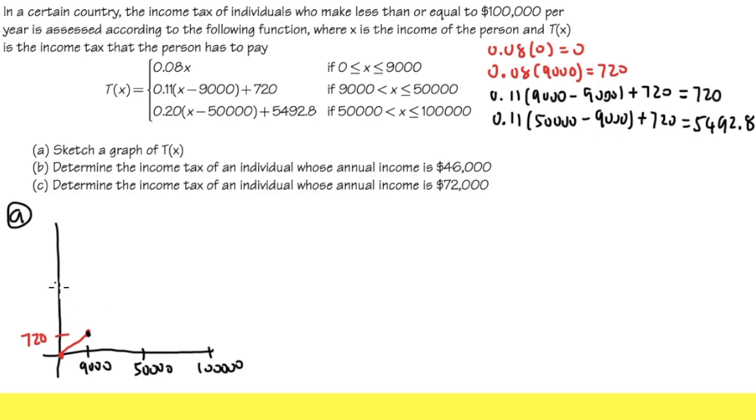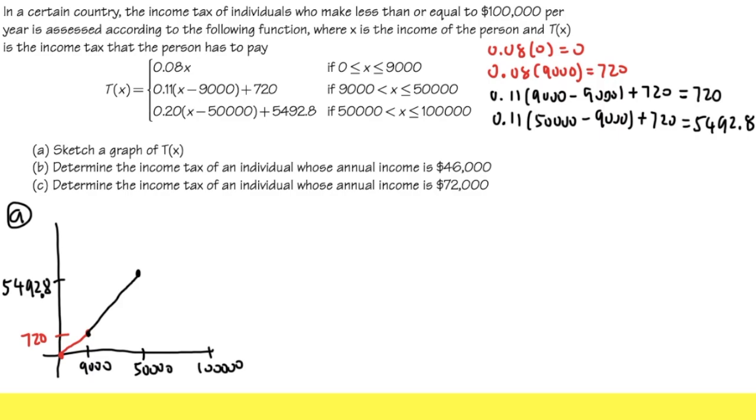So we will have to go up, let's say about right here, 5,492.8. And then I'm just going to put another dot. Well, as you can see, the slope of this line is actually 0.11, which is bigger than 0.08. So that's why we do see a little bit steeper line. So it's like this, and then go up, all right?